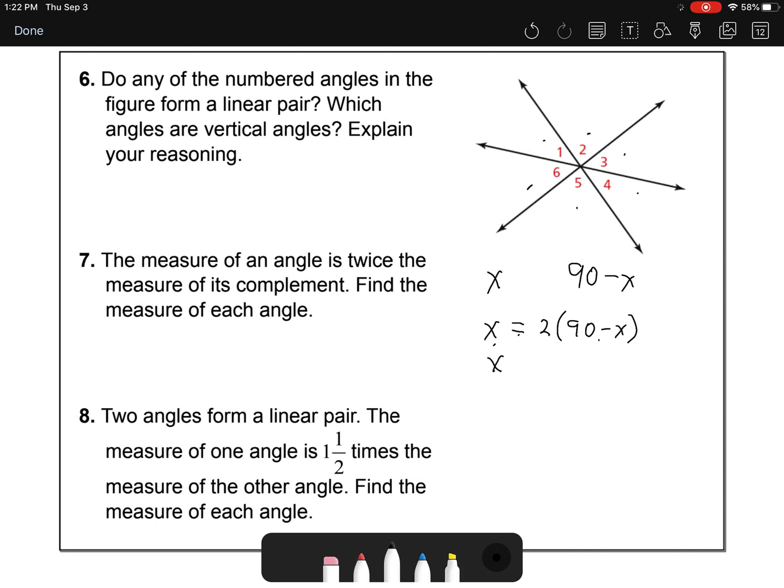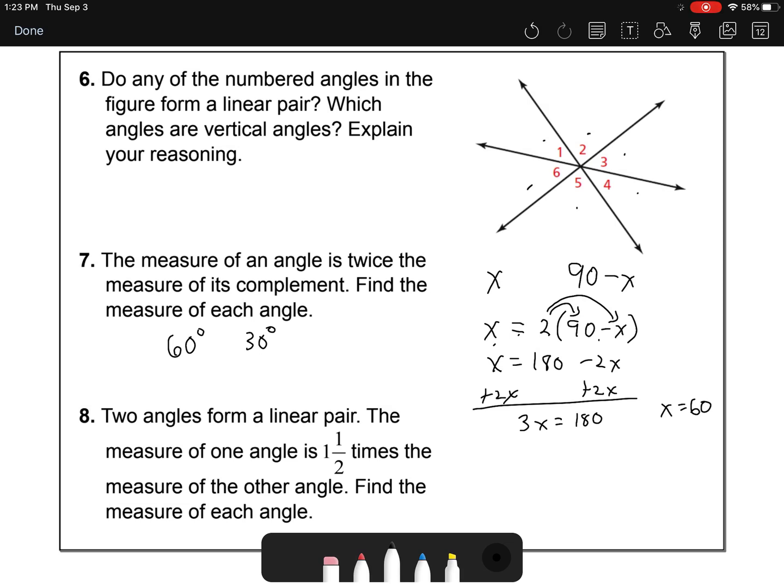The measure of an angle, x, equals twice as much as the complement. So how do we get rid of parentheses? We distribute, right? So when we do that, we get 180 minus 2x. We add 2x. 3x equals 180. So x is 60, isn't it?